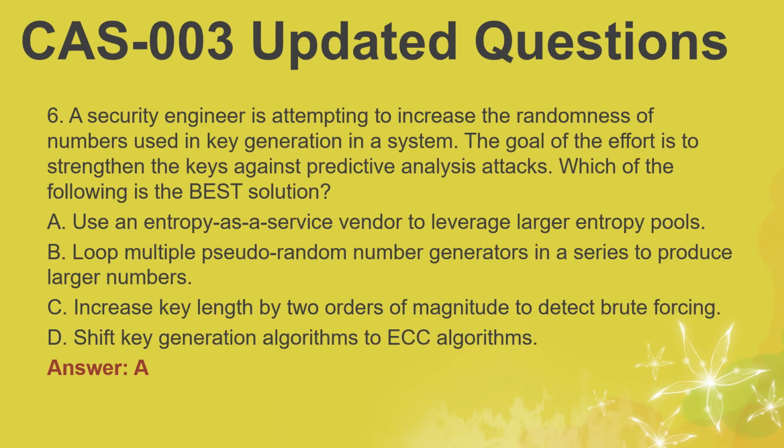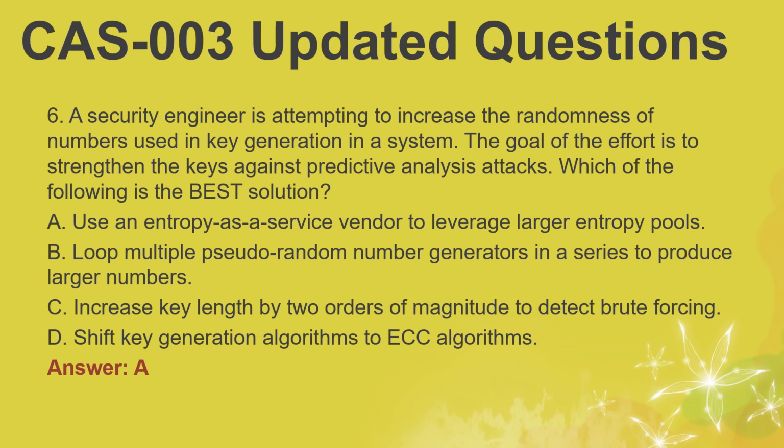Answer, A. 6. A security engineer is attempting to increase the randomness of numbers used in key generation in a system. The goal of the effort is to strengthen the keys against predictive analysis attacks. Which of the following is the best solution?